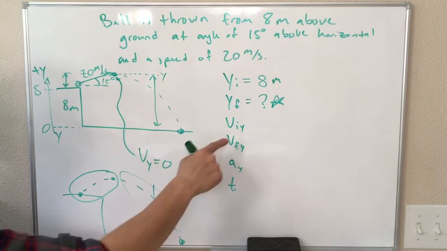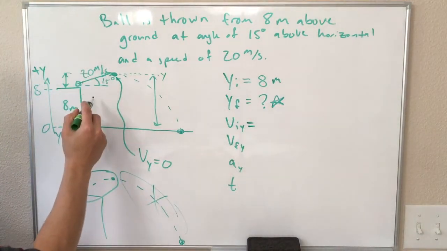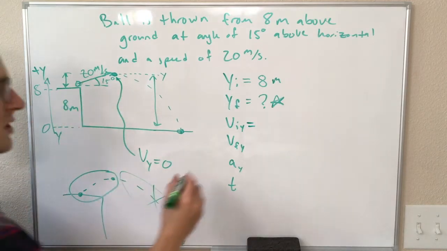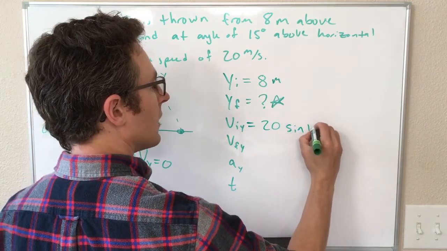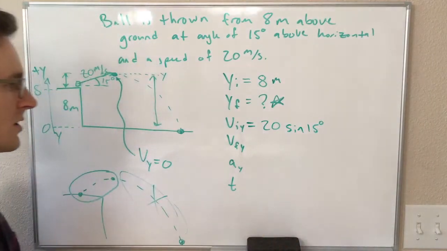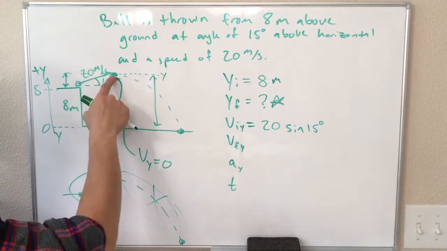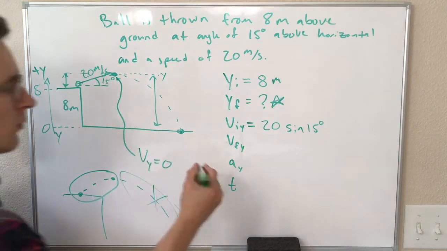Vy initial, we don't know, but we know enough to find it out. We have 20 meters per second speed and an angle of 15 degrees, so this is equal to 20 times the sine of 15 degrees. We'll plug that in in just a second. Vy final we do know, because at this tippy top point, Vy is equal to 0.